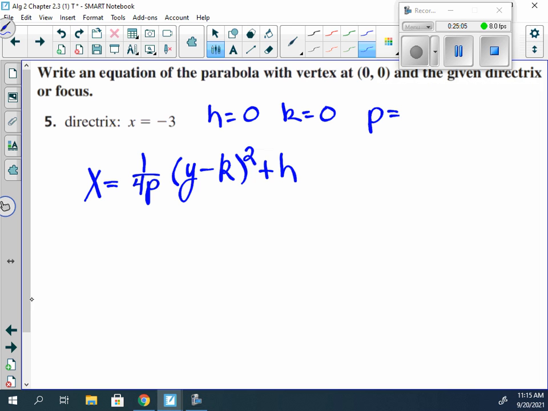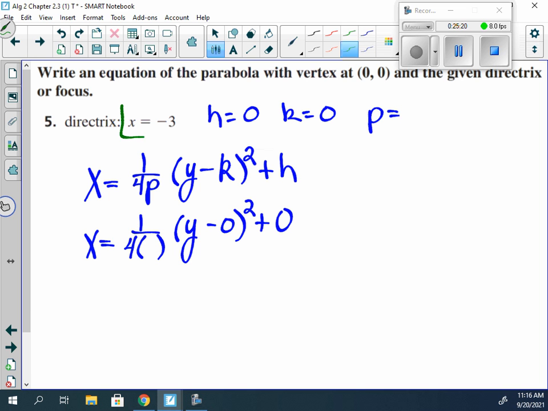Well, let's fill in what we know. Do I know the value of p? Well, no. But I do know k is 0 and h is 0. Well, the one spot where p shows up is in the directrix, because that is h minus p.